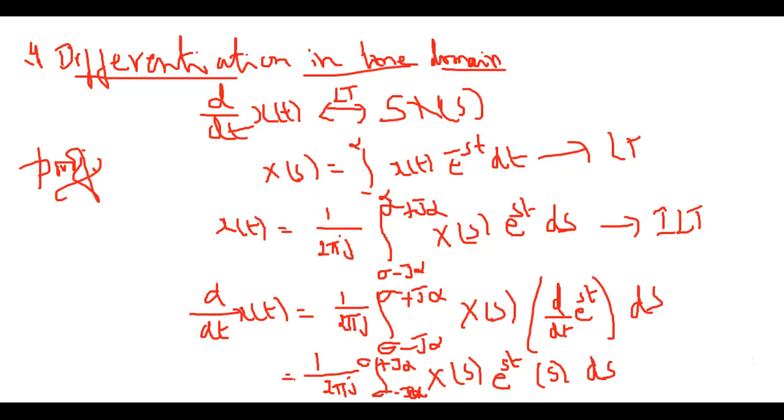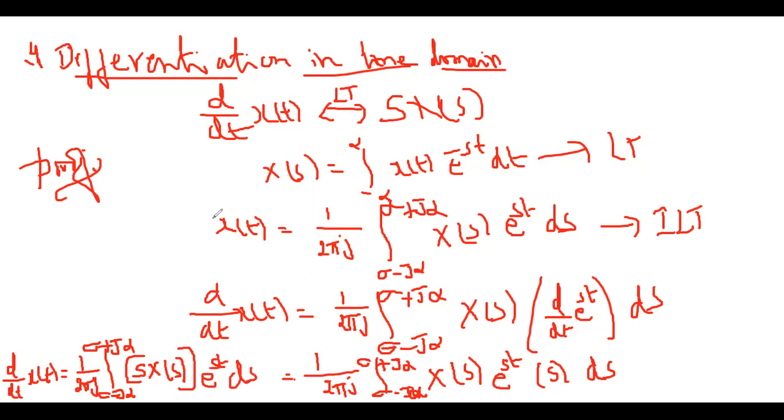Right, so d/dt of x(t) is equal to 1 by 2 pi j, integral from sigma minus j infinity to sigma plus j infinity of s into X(s), which I write as one function, e^(st) ds.